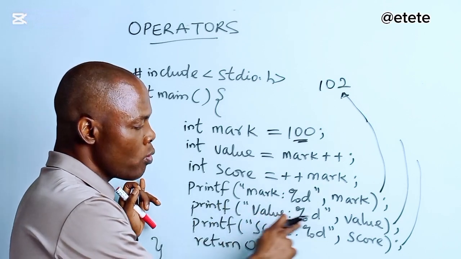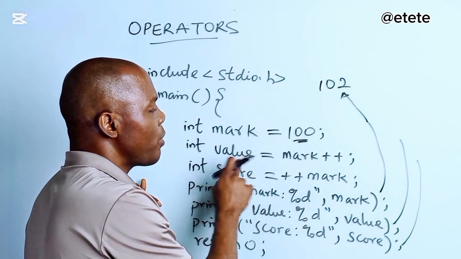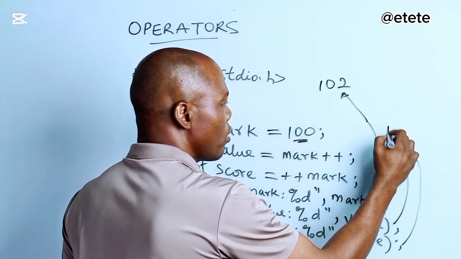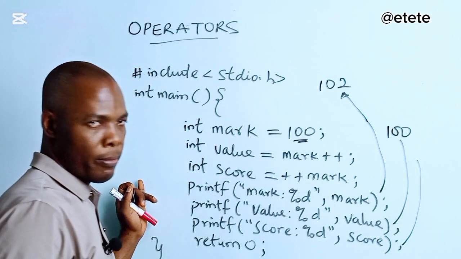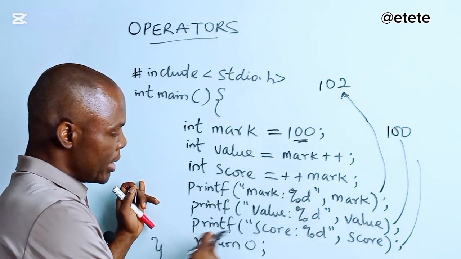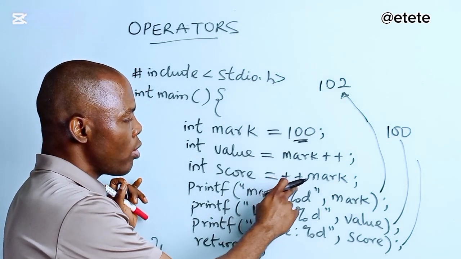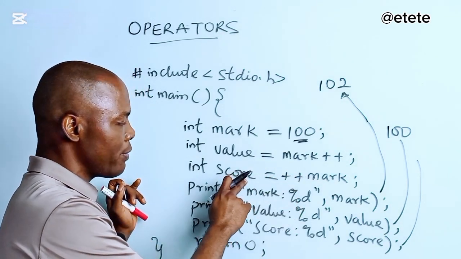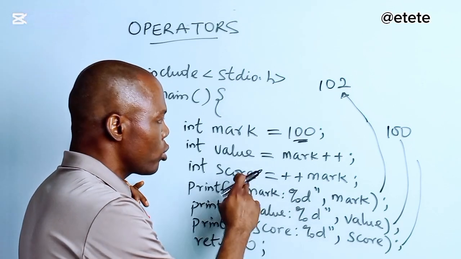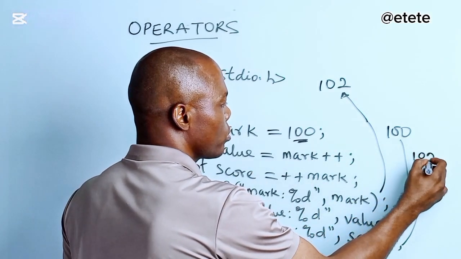Printf for value will print out what was the value that was assigned to this, which is 100. Then this printf will print out score, which is the value that was given to score. So score will hold 102.